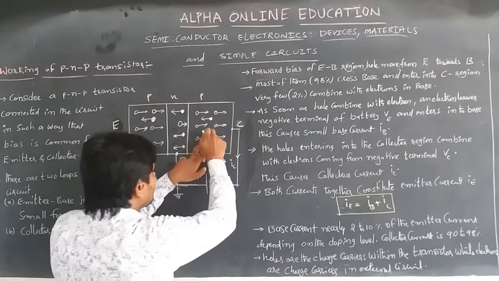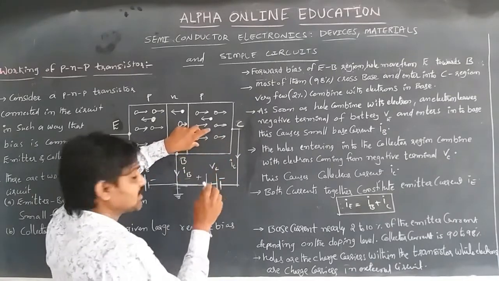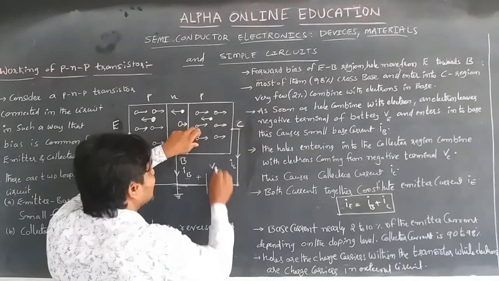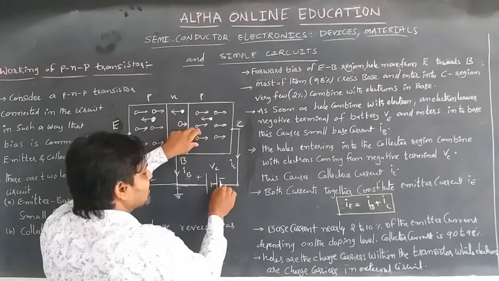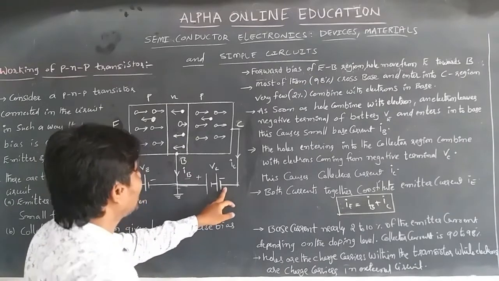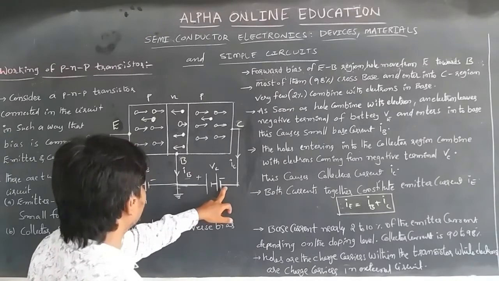These transferred holes are combined with the electrons provided by the negative terminal, because the holes are positive and the terminal gives negative electrons. That is why about 98% of the total current comes from the negative terminal.